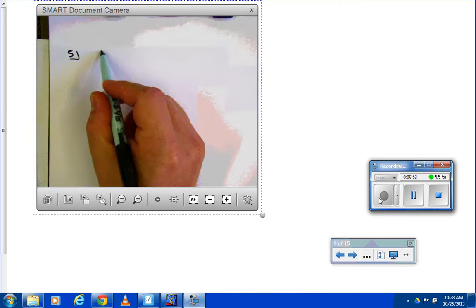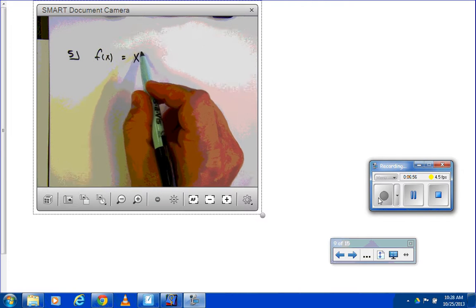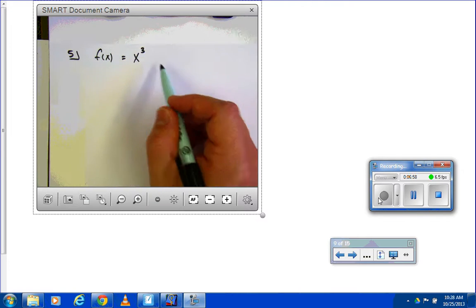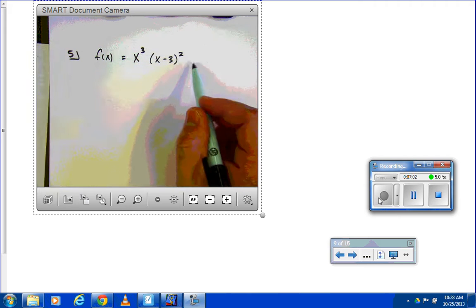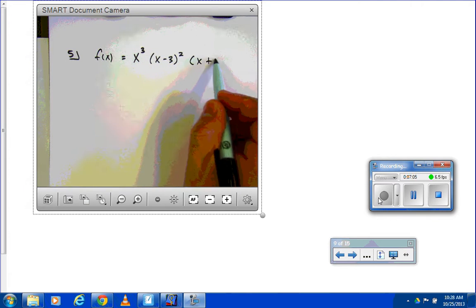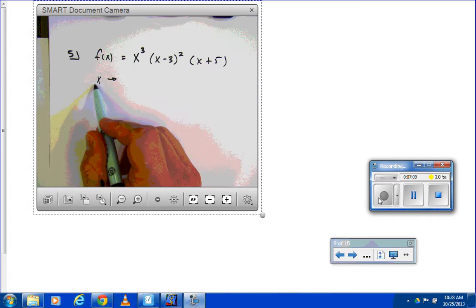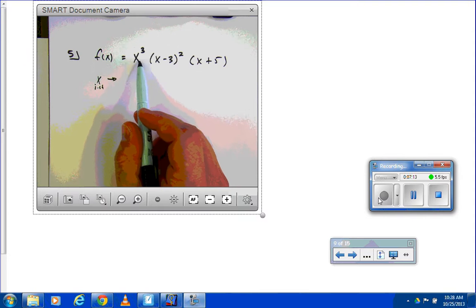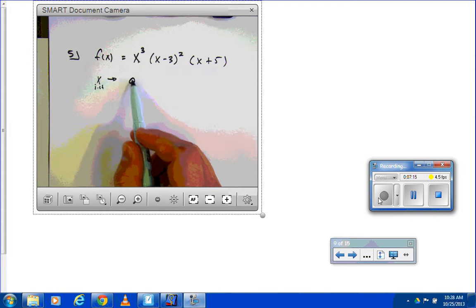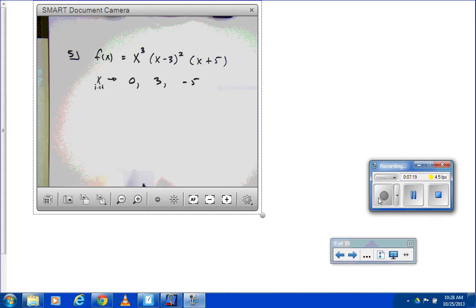On this one, x cubed times x minus 3 quantity squared times x plus 5. All right, so now x-intercepts, what are they going to be for that one? 0, 3, and negative 5.